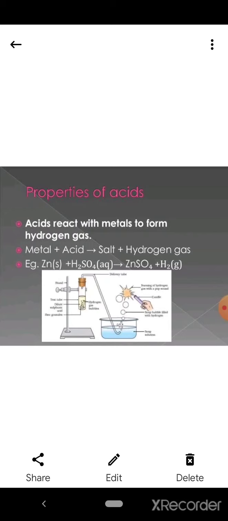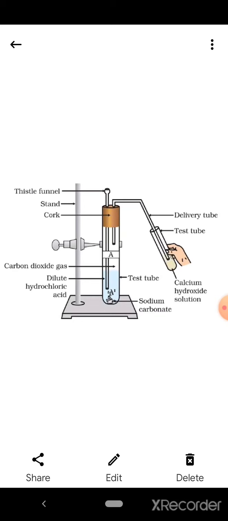Here in this case ZnSO4 is a salt, and H2 gas is given out. So whenever you react acid with metal, a salt is formed and hydrogen gas is released.